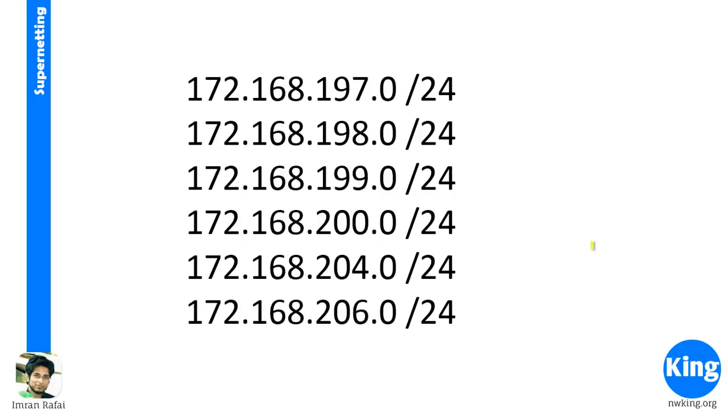Right, let's say there were 6 networks like this: 172.168.192.0, 193.0, 194.0, 199.0, 200.0, 204.0, 206.0, all /24. How do we summarize these 6 networks into one? Firstly, we need to check where this changes. So the first 2 octets don't change at all, so we are not bothered about it. The change is happening in the 3rd octet.